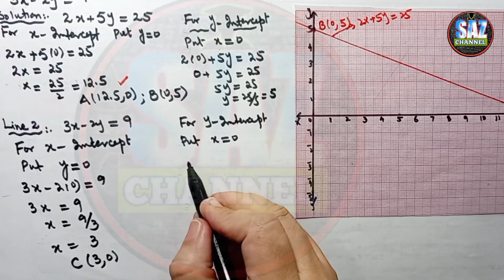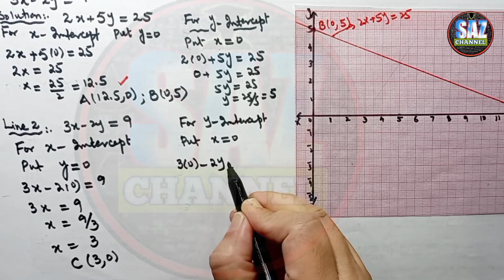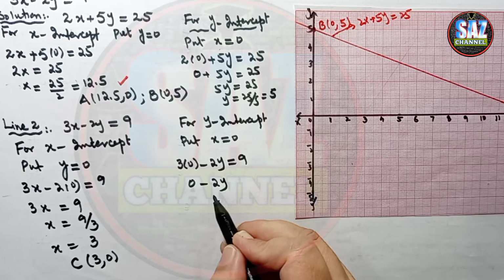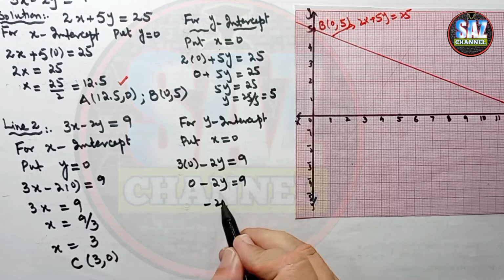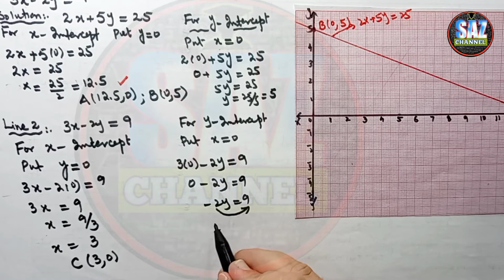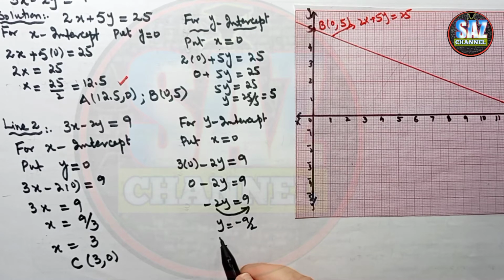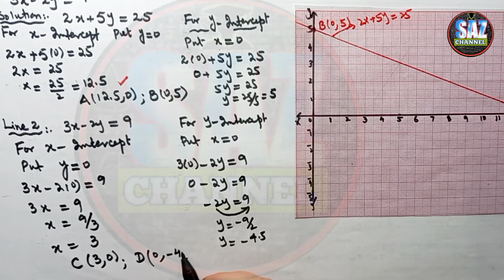When I put x equals 0, the equation takes the form 3 into 0 minus 2y equals 9, or minus 2y equals 9, and I have to get the value of y. So I'll shift 2 to the other side, minus 9 by 2, or y equals minus 4.5. So the other point D will take the form 0 with minus 4.5.